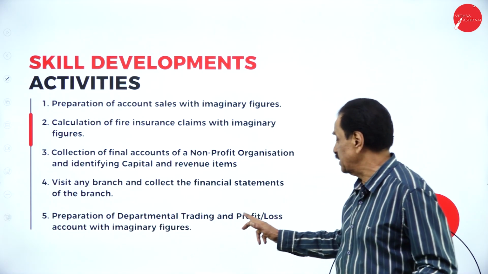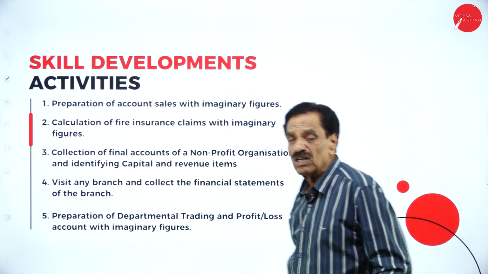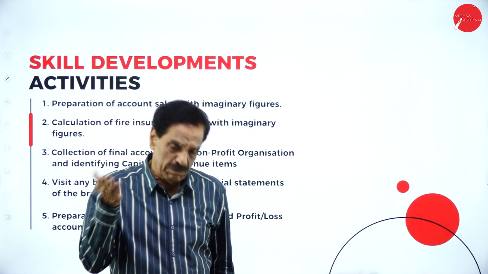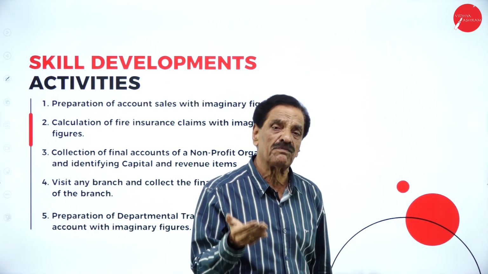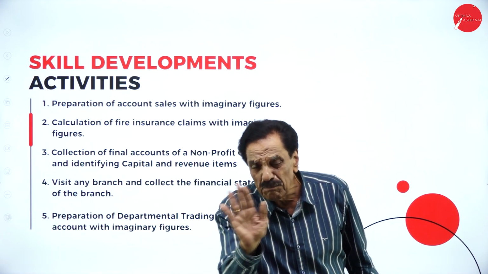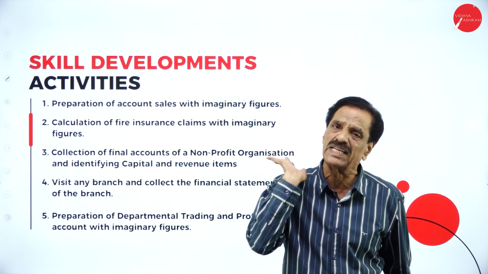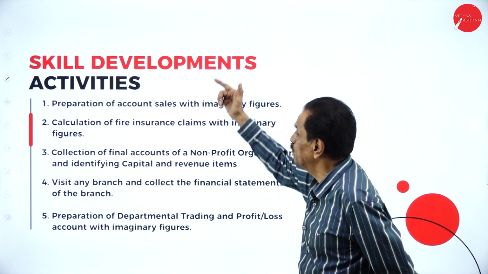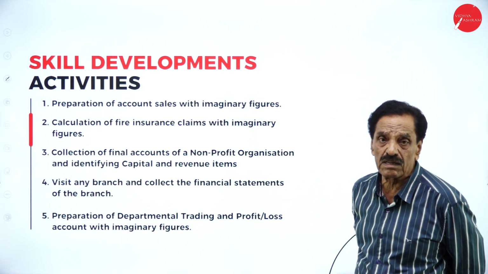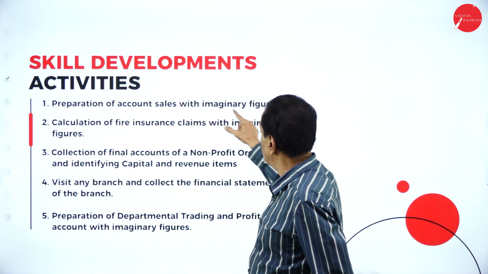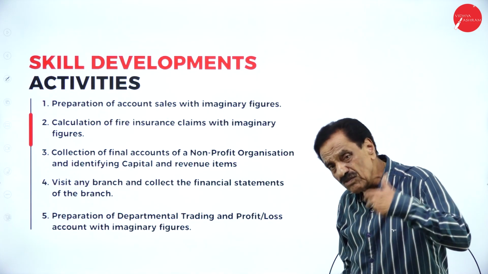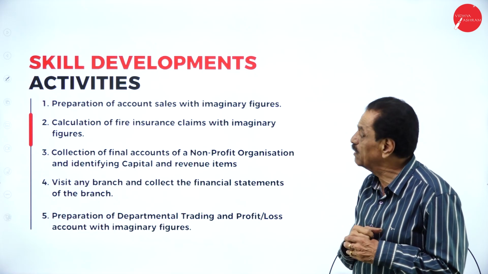Then preparation of departmental trading and profit and loss account with imaginary figures, which means you have to prepare a trading account, a profit and loss account and a balance sheet with your own figures. So this is very important. Skill development activities are important. First one, preparation of account sale with imaginary figures, your own figures, related to consignment.